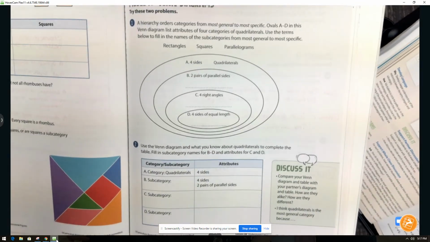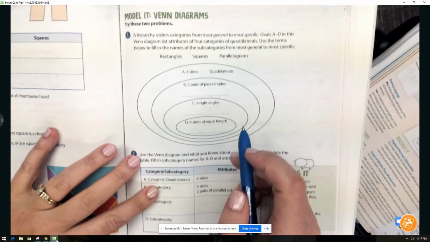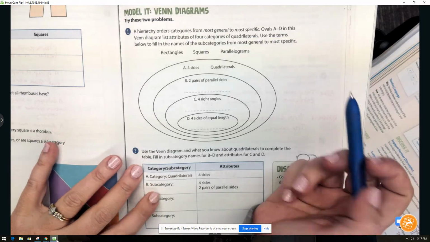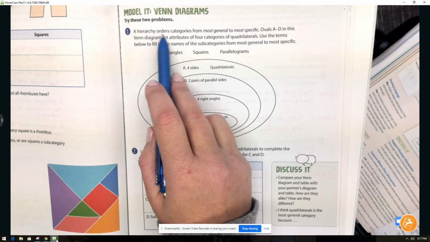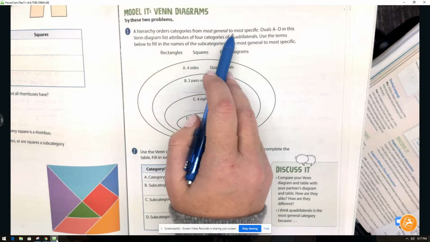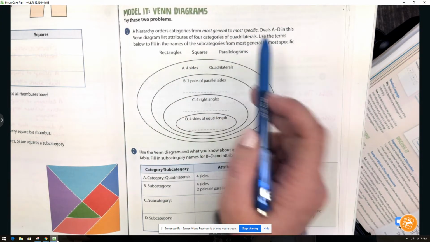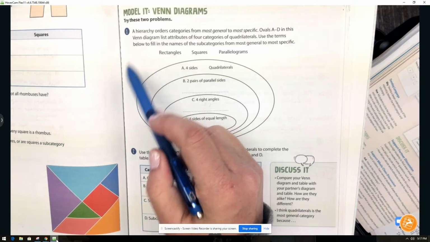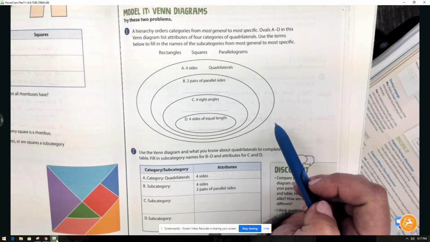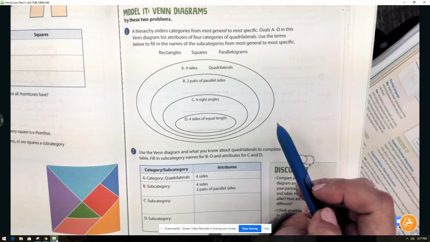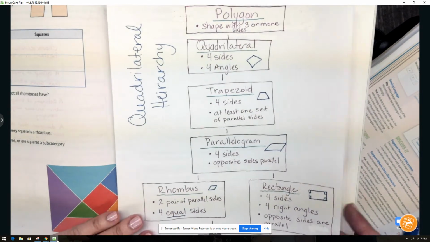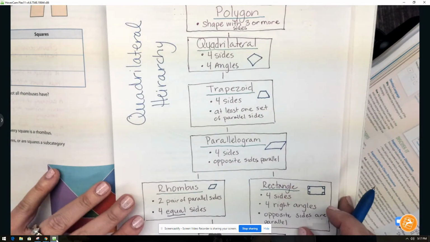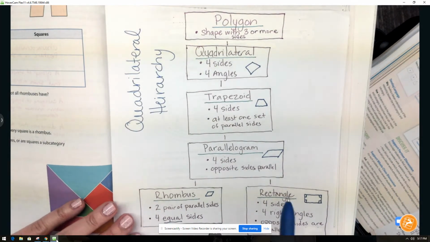All right, so on page 579, we learned yesterday about a hierarchy. Remember, the hierarchy orders the categories from the most general to the most specific. So the bigger the oval is, the more general the shape is. Yesterday at the end of the lesson, I showed you this hierarchy. This happens to be a tree diagram that you're going to be learning about in just a bit.